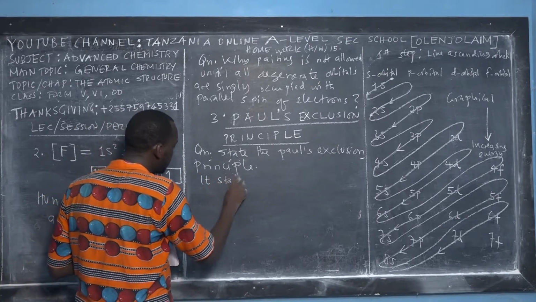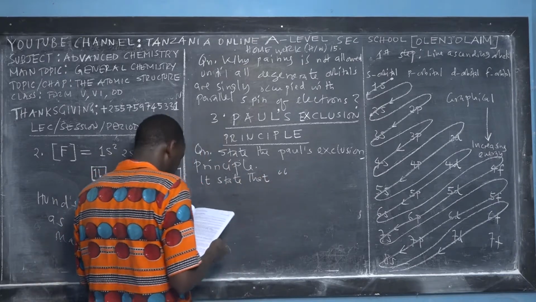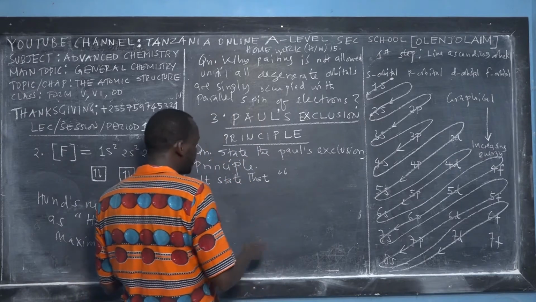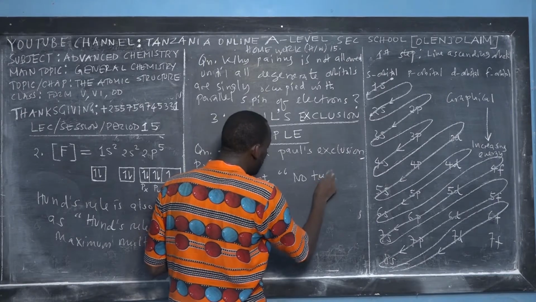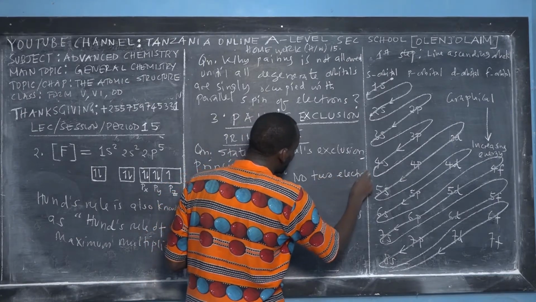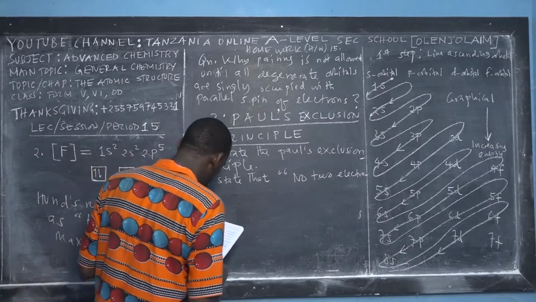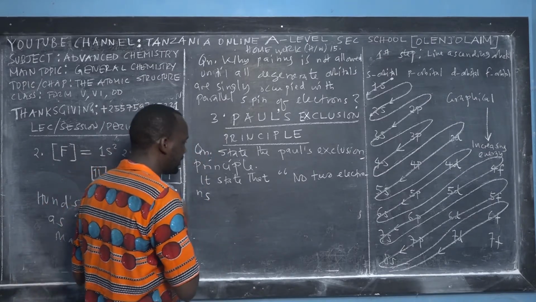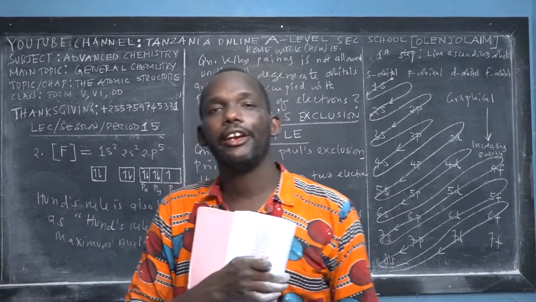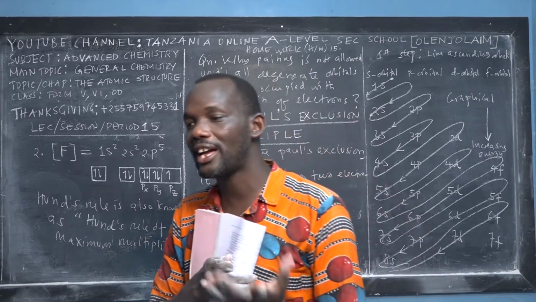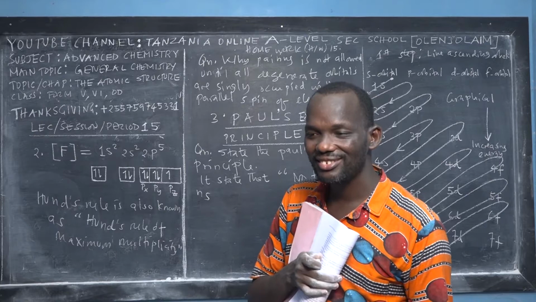It states, and I would like to quote, that no two electrons, this is all about the rules, the Pauli exclusion rules, that is telling us there are no two electrons that have all the four quantum numbers the same. That's all.